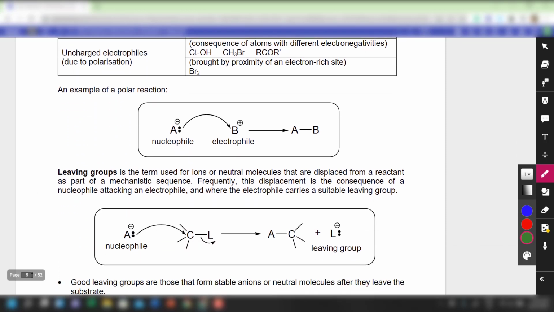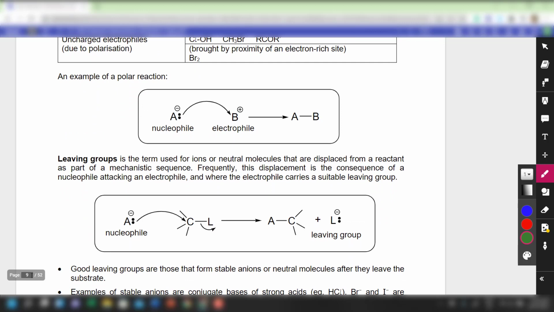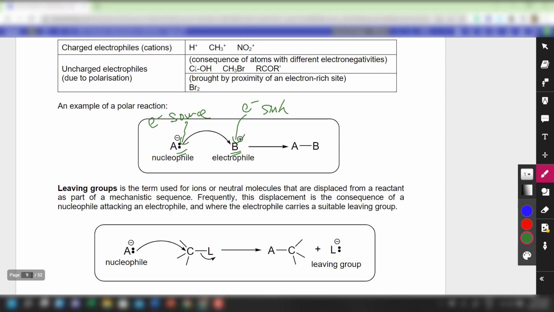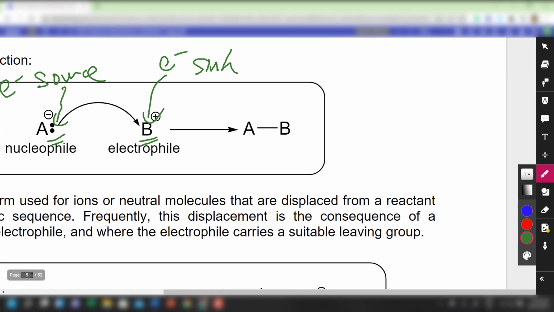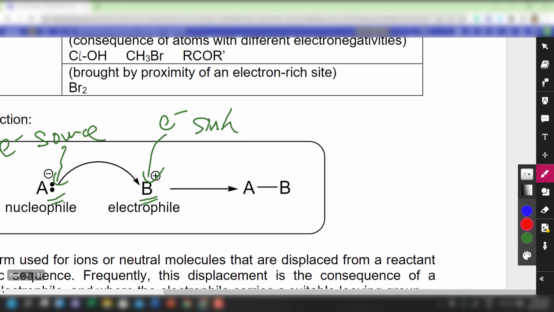This is an example of a polar reaction where a nucleophile, being an electron source, is pointing towards an electron sink. You can also call this the electron source, which is the lone pair, and this is the electron sink. A very classic example of pushing electron density from source to sink is some form of conjugate addition.